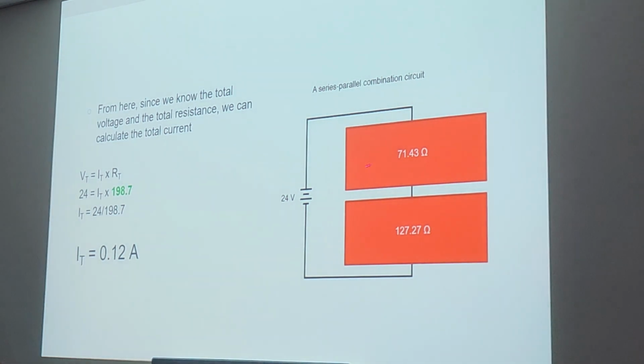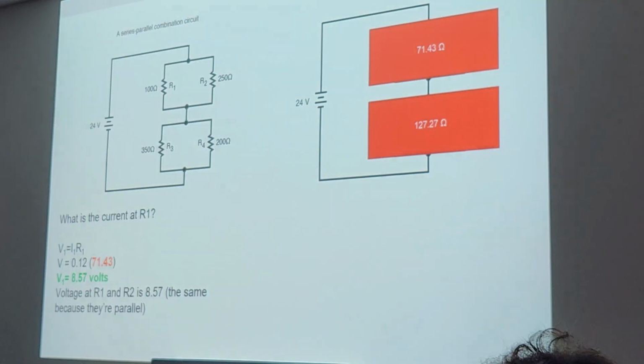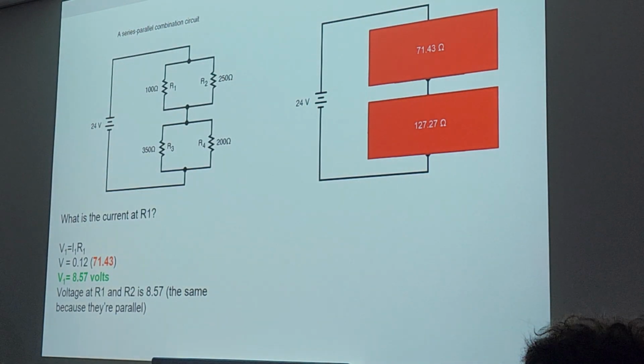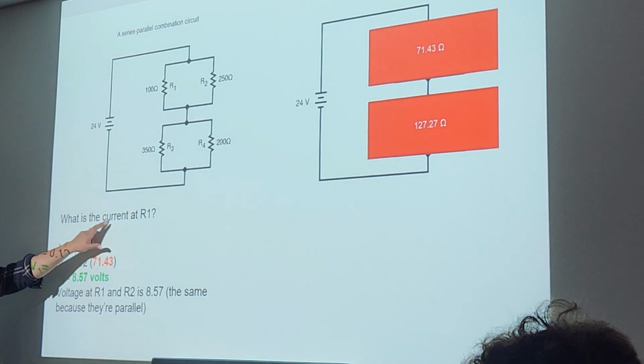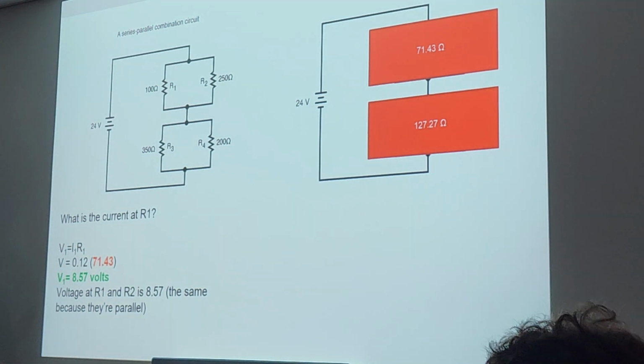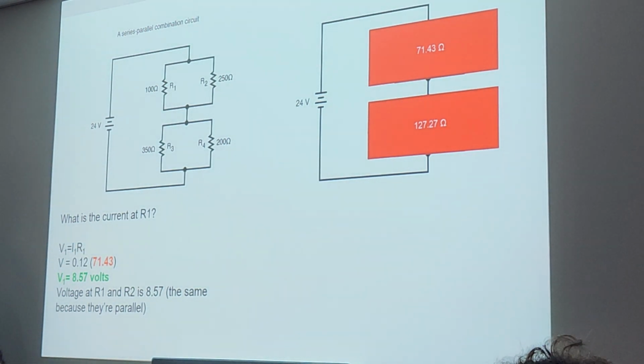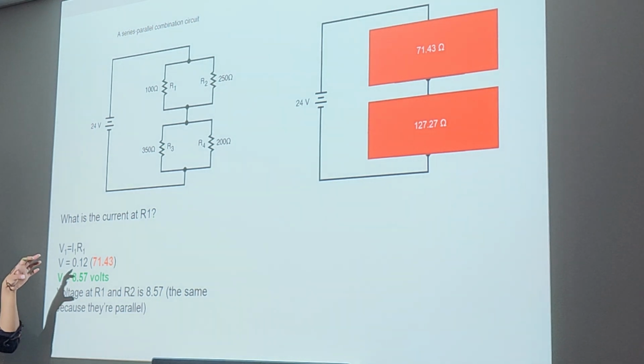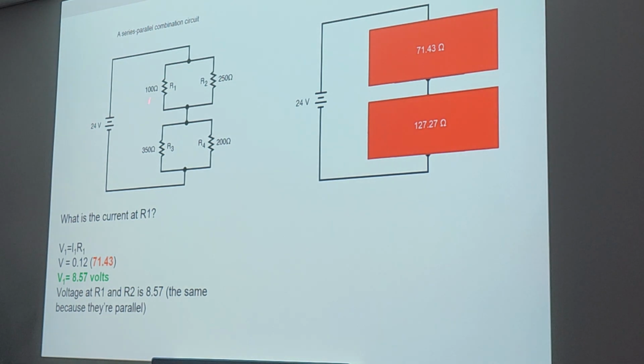So that means the current here and here is 0.12, okay? Because now it's a series. Correct. But now the question is asking you, what is the current at R1? Not the total current, the specific current at R1, okay? So in order to find that specific number, we can't just use the total voltage.